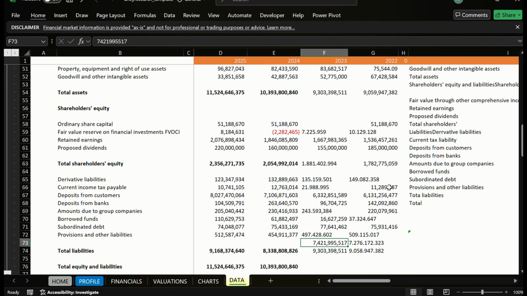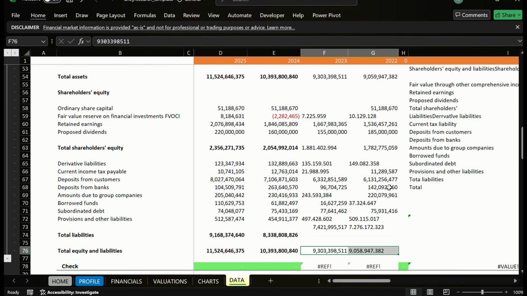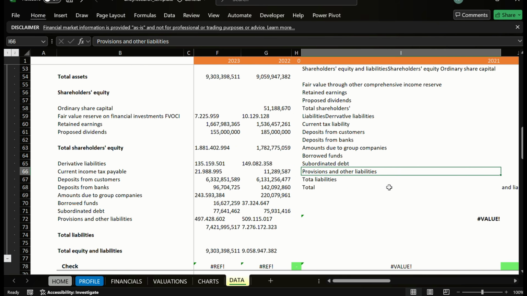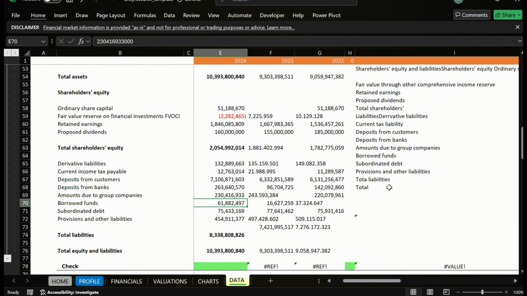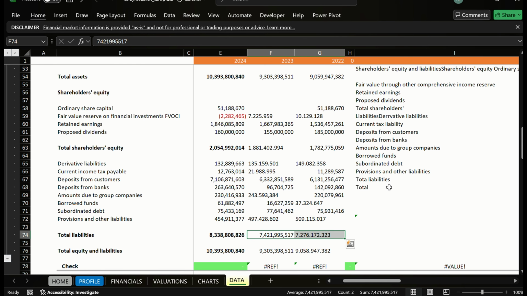What am I getting wrong? I still have to verify these numbers. Let me just go quickly here.